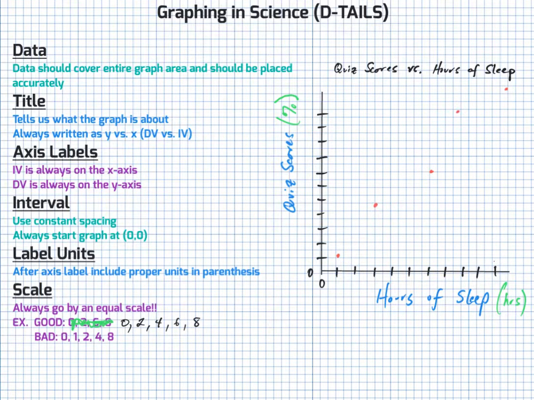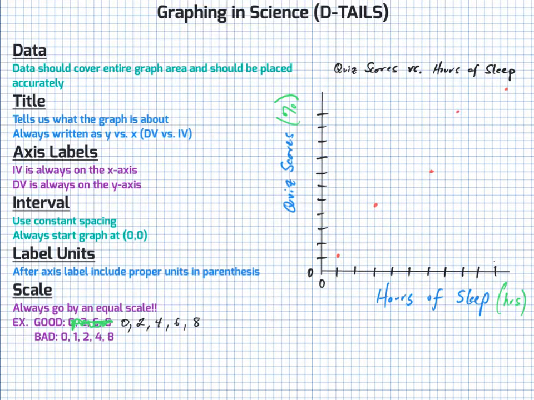I'm going to cross out what I wrote before because that's actually a bad scale. You can see that in the good scale we're going up by 2 every time. An example of a bad scale would be going 0, 1, 2, and then jumping 2, and then jumping 4. That is not a good scale. That is going to make the data on our graph look very funky.